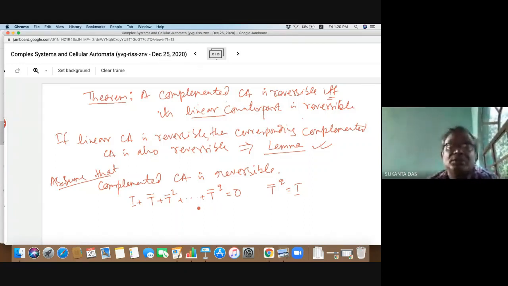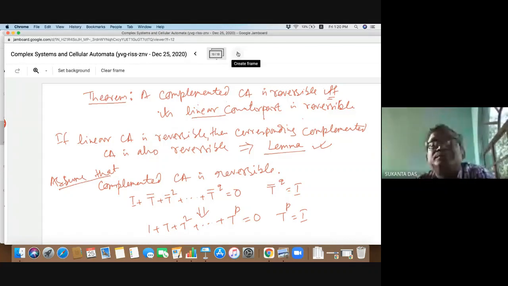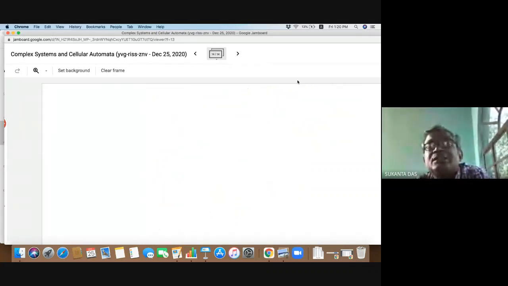That is, from this one I have to show that I plus T square plus P, any number P, is equal to 0, and there exists a P such that T to the power P is I. So that I have to show here. The reverse one. Right.